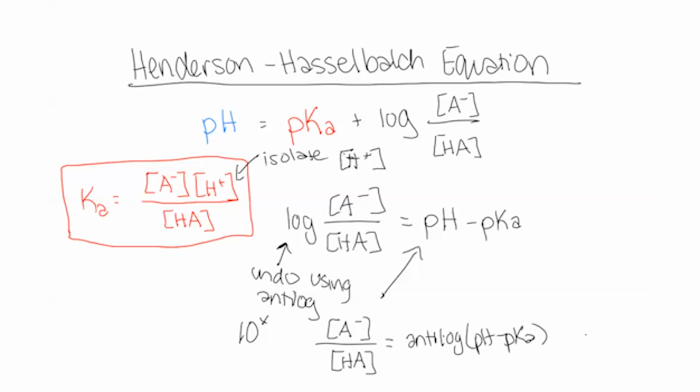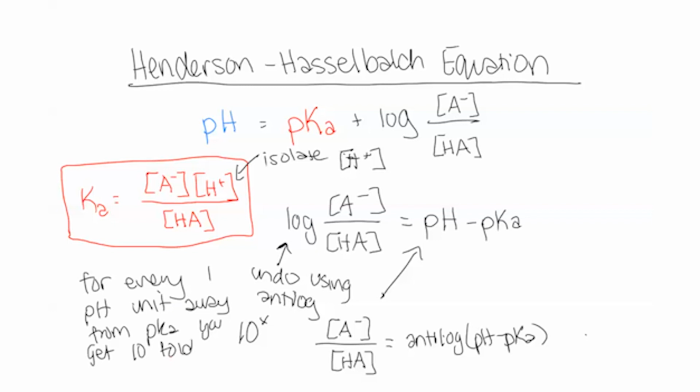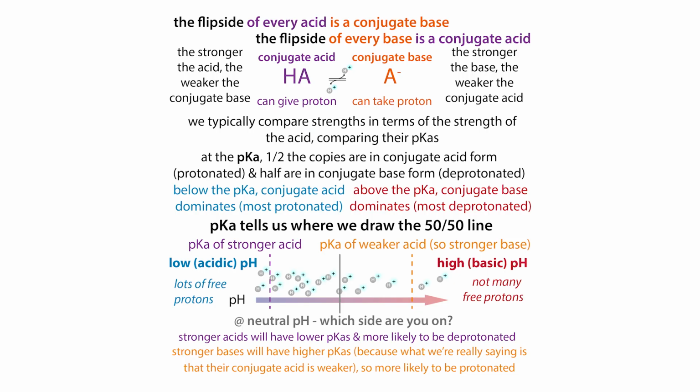And this is a fundamental thing: for every 1 pH unit away from the pKa, you get a 10-fold change in protonation.